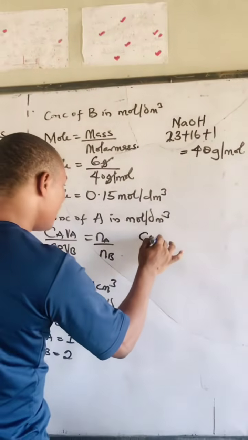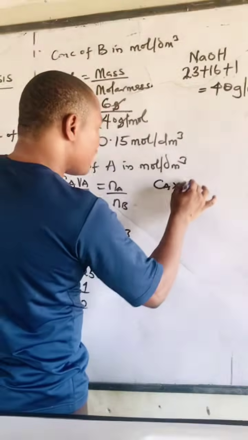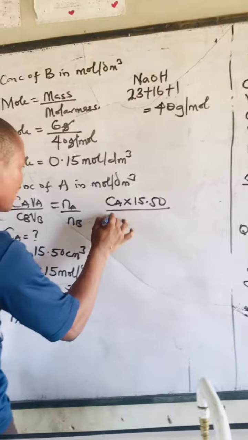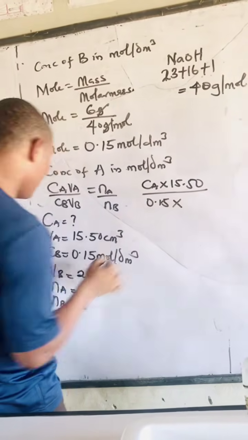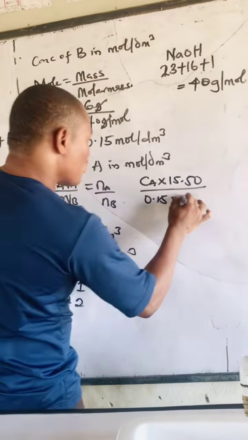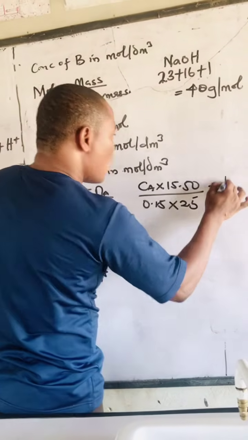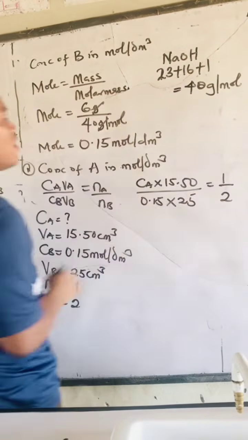So from there, we look for our Ca. Our Ca times our Va, 15.50, over our Cb, 0.15, times our Vb, 25, equals Na over Nb, that's number of moles of acid over base, 1 over 2, 1:2.